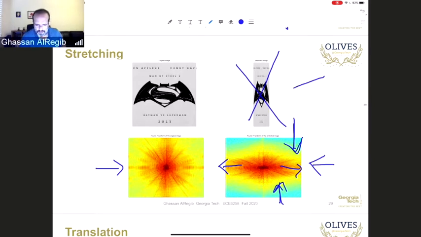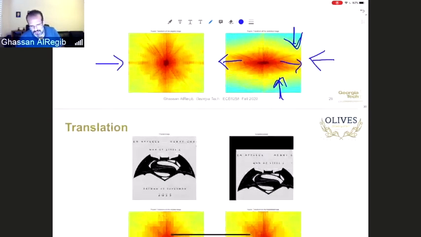We are downsampling horizontally, right? Which will show up as if we are compressing or doing this kind of operation in the DFT vertically, right? Remember, we have a 90-degree relation between features in the spatial domain and non-zero magnitude in the frequency domain that we had in the DFT.